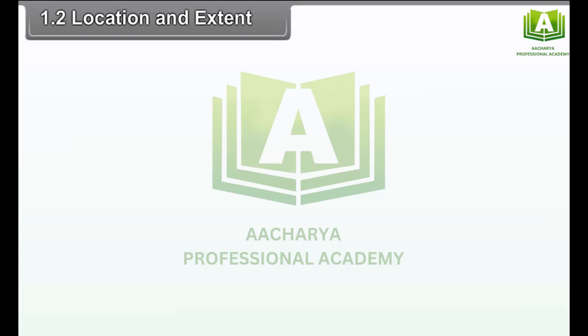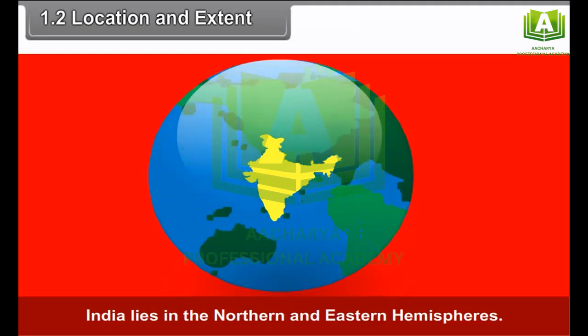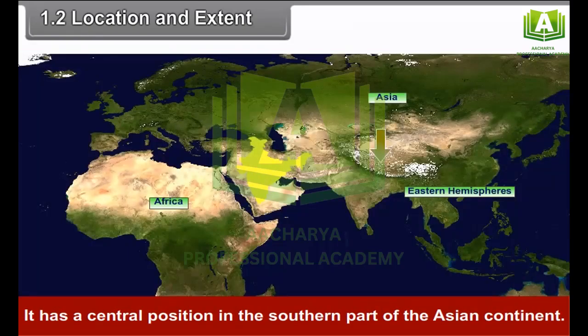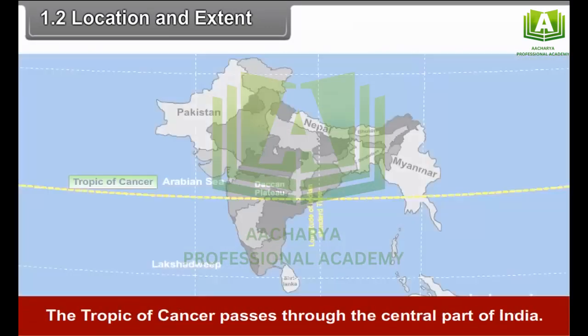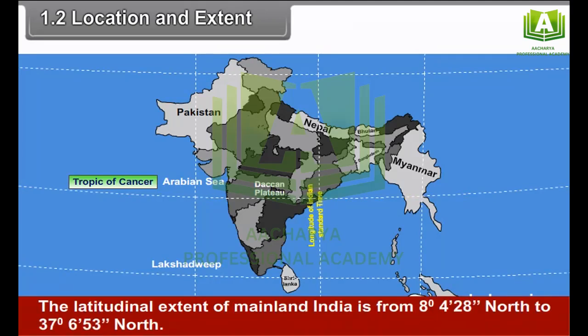Location and Extent. India lies in the northern and eastern hemispheres. It has a central position in the southern part of the ancient continent. The Tropic of Cancer passes through the central part of India. The latitudinal extent of mainland India is from 8 degrees 4 minutes 28 seconds north to 37 degrees 6 minutes 53 seconds north.